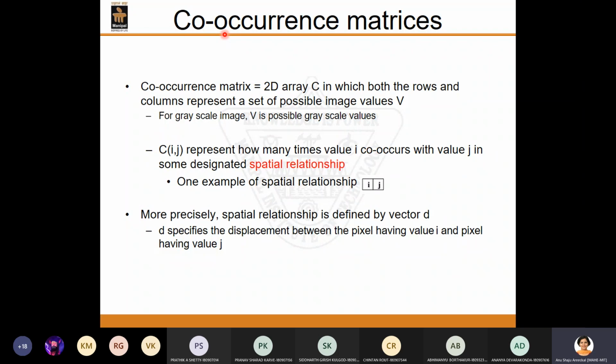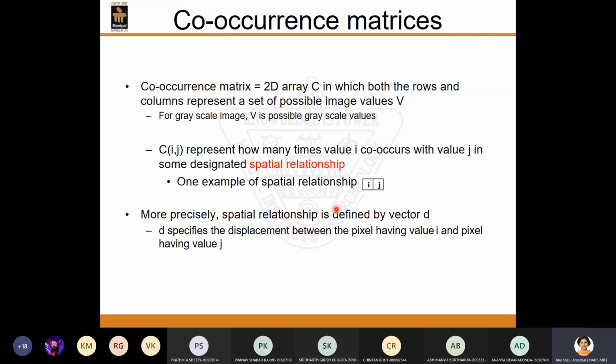As you already know, an image can be represented in the form of a matrix, where all the pixel intensity values are elements in the matrix. Once we represent that, what the GLCM does is look at which pixel intensities occur together as a pair within the whole image, and how many times they co-occur.